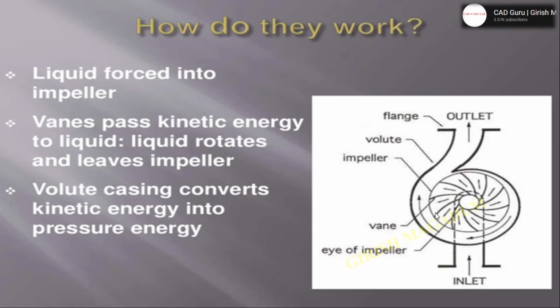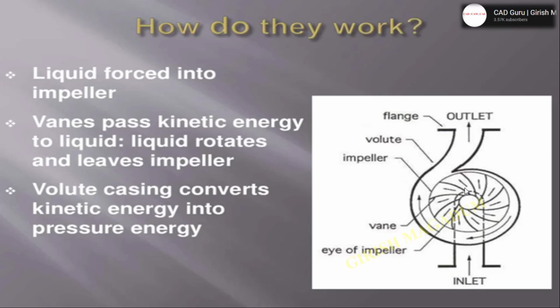How do they work exactly, and what all the process will take place, the image explains the same. The inlet will be there. From there the liquid enters into the impeller stage, that is, liquid is forced into the impeller. Inside the impellers there will be the vanes. These vanes convert the pressure energy to the kinetic energy.